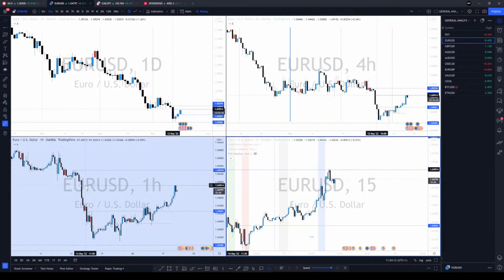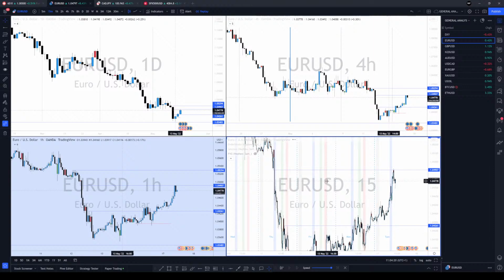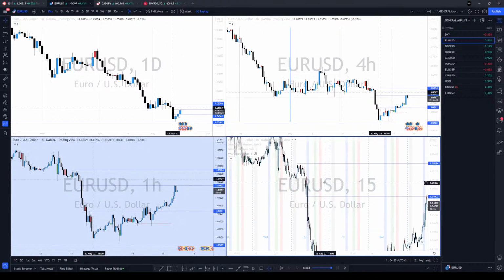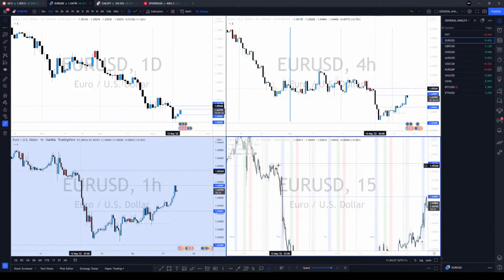Because that specific day, I remember a friend of mine posted an idea to sell short if price retraces to that level, and I put a comment that he should watch the Asian high, because that day they left the Asian high intact.